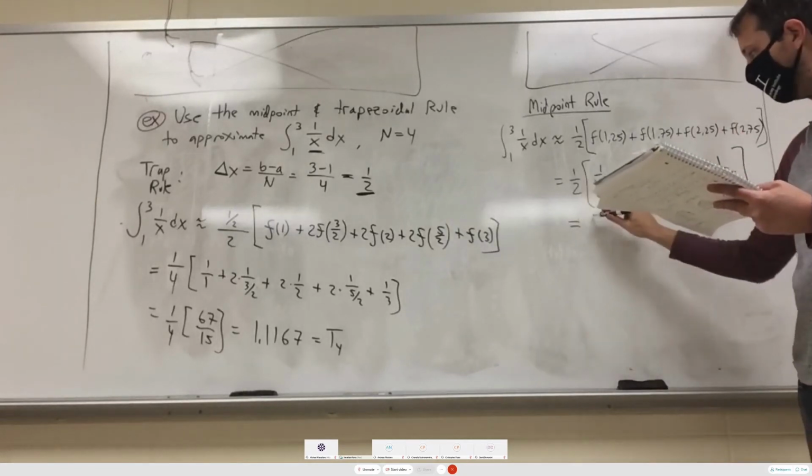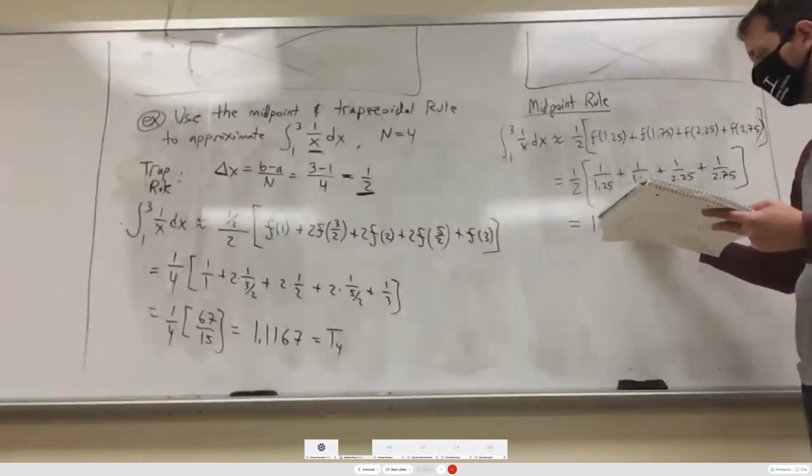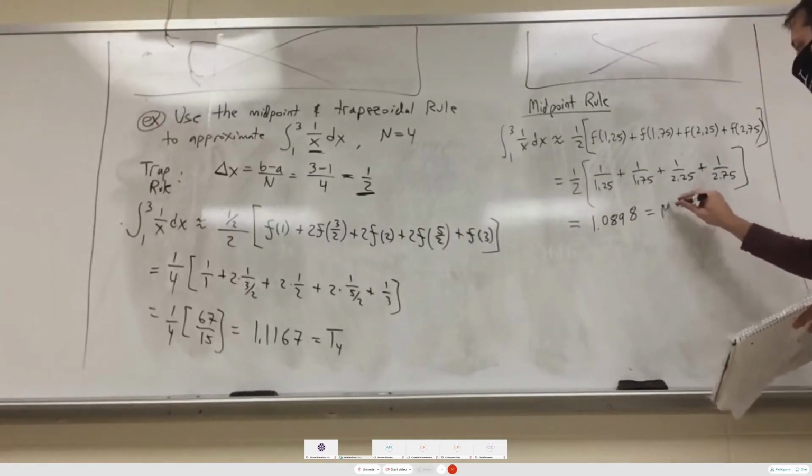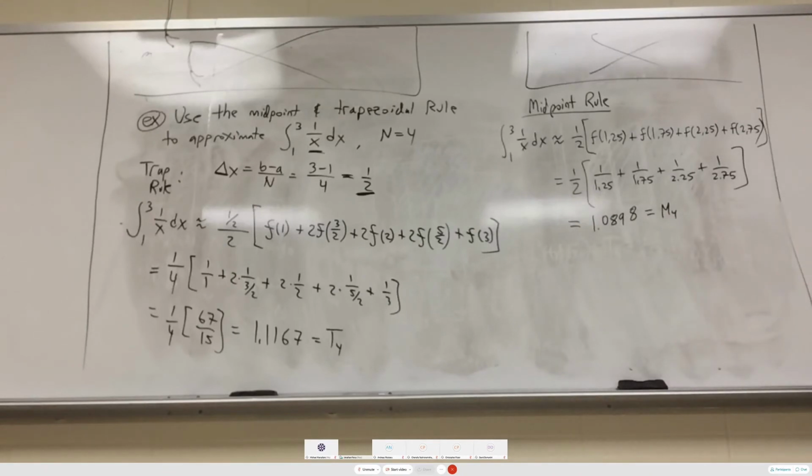Skipping all this math, it will come out to be 1.0898, which is what we would call M sub 4, the midpoint rule with 4 subdivisions. Any questions there?